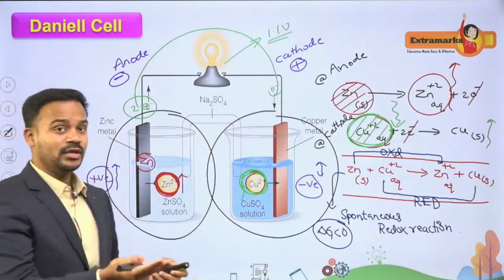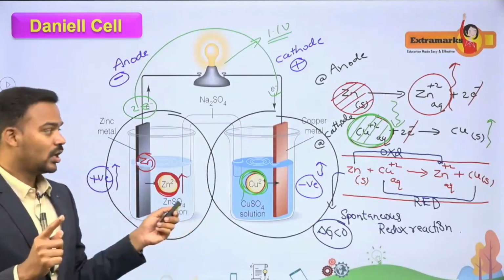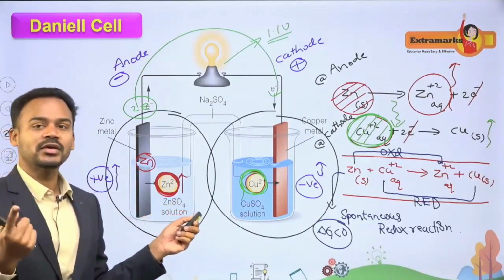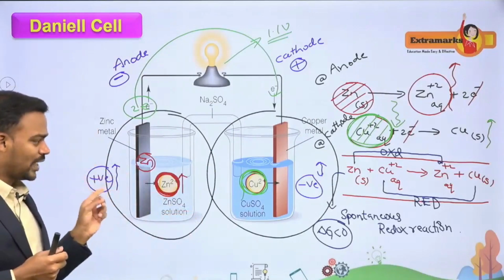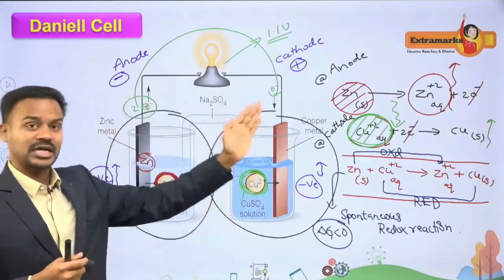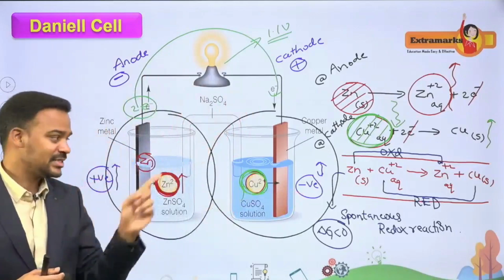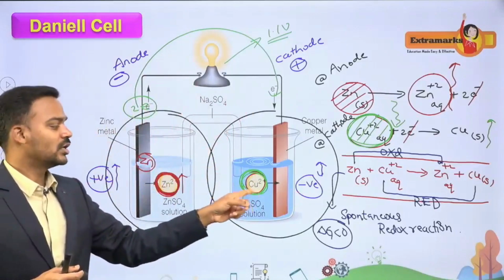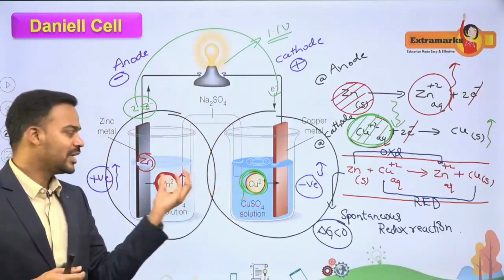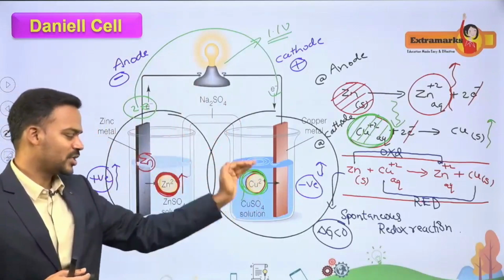As the cell is working, there is some restriction to this. What is the obstruction? What is the thing which is affecting its working? If there is no generation of this positive and this negative, then the cell will continue working. So the only problem faced by this cell is accumulation of Zn plus 2 ions and sulfate ions, or increase in the concentration of Zn plus 2 ions and decrease in the concentration of Cu plus 2 ions.